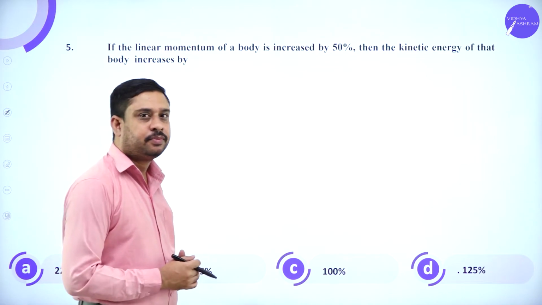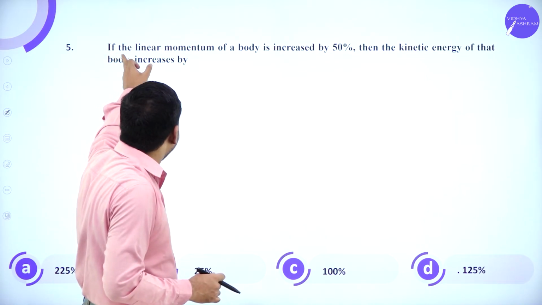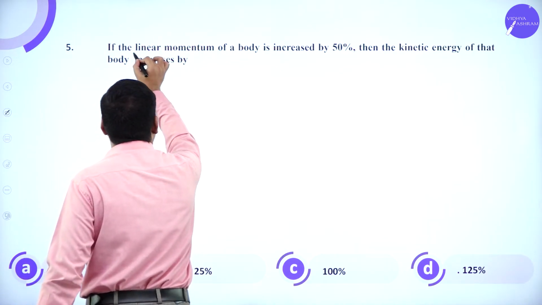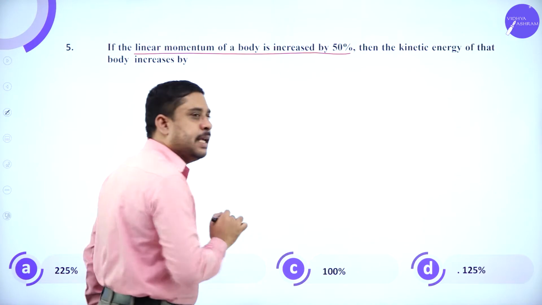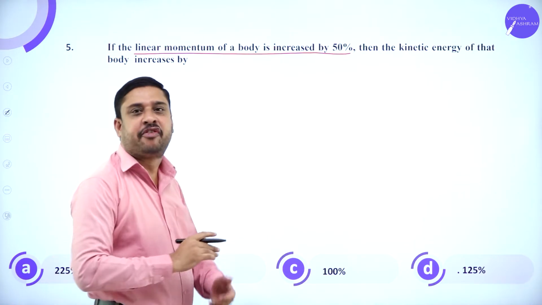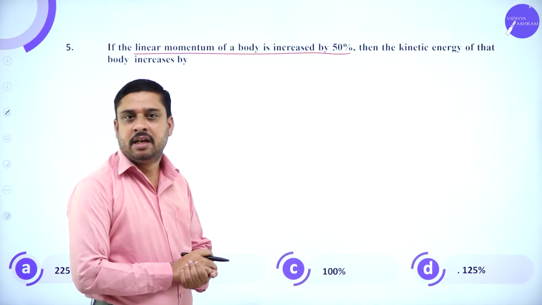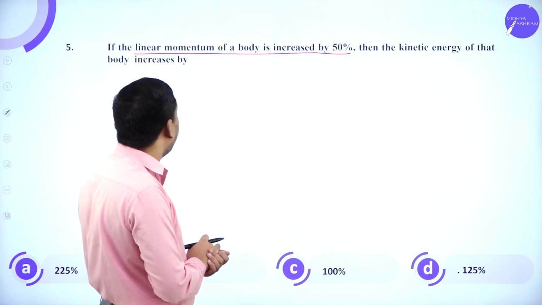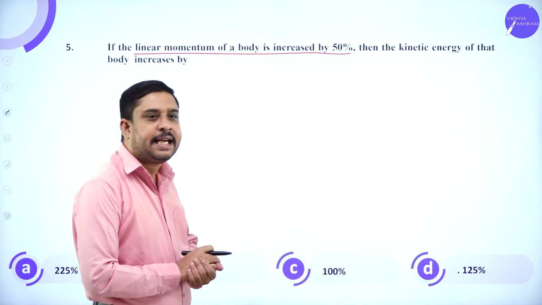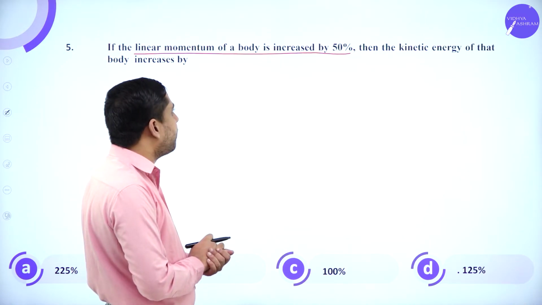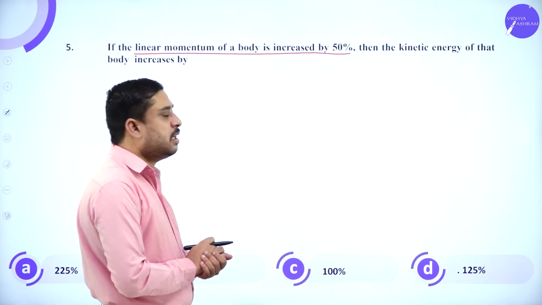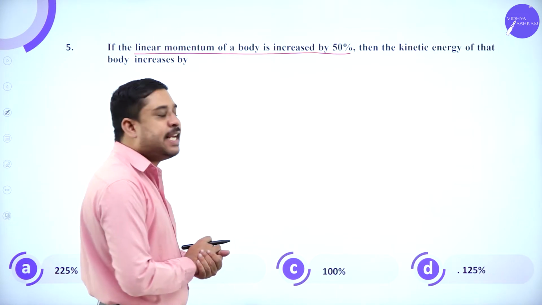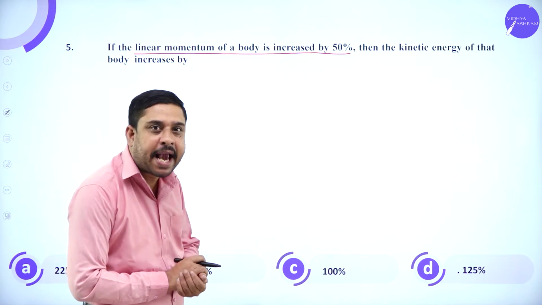Next one. If the linear momentum of a body is increased by 50%, then the kinetic energy of the body increases by how much?